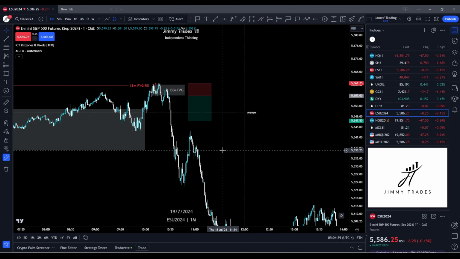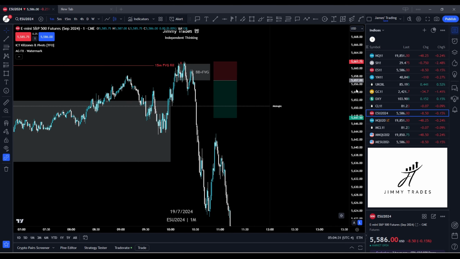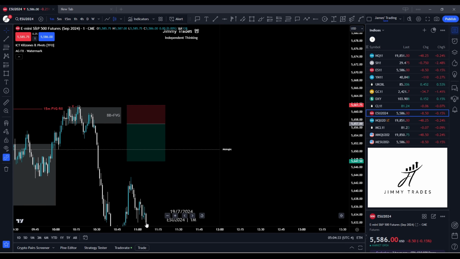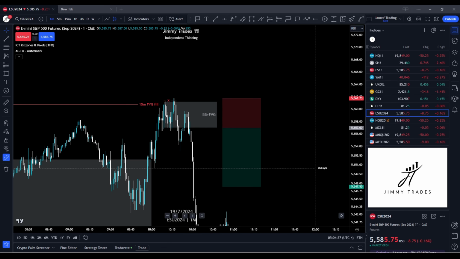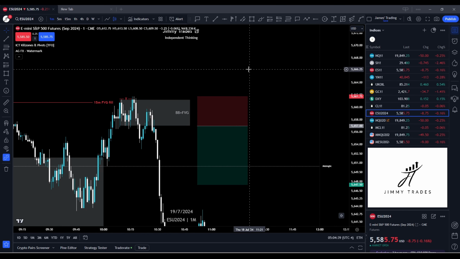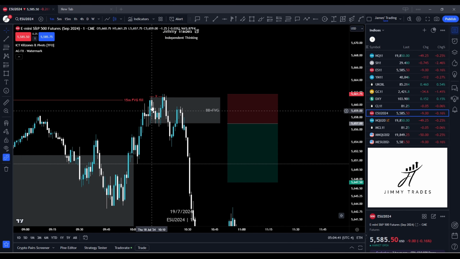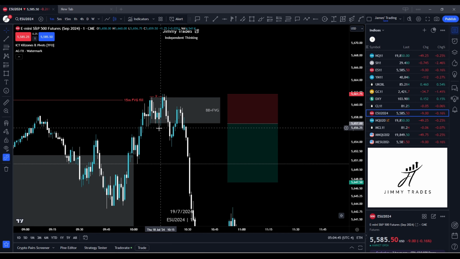All right, so here's the position. We've taken a 1 minute entry here. Here's our breaker: high, low, higher high.